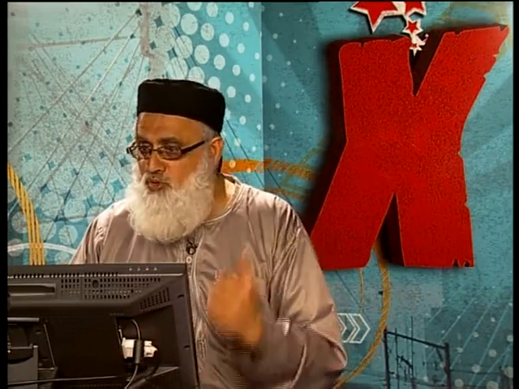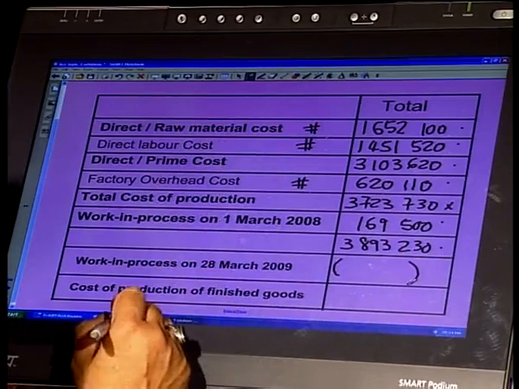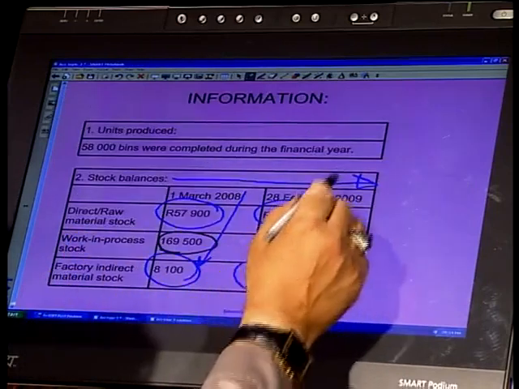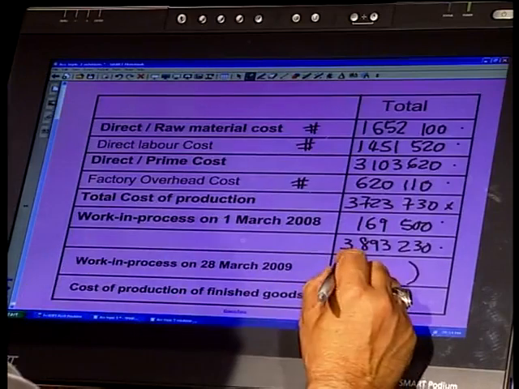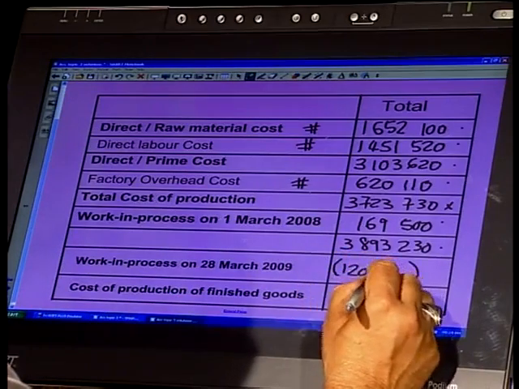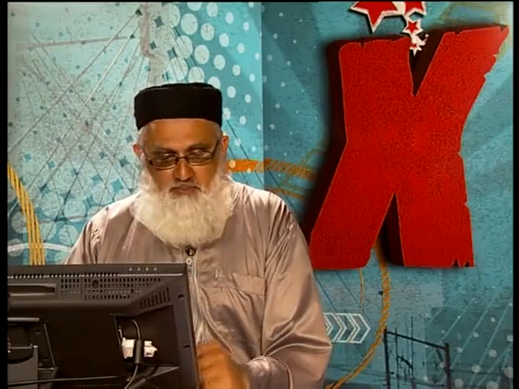What do I do with work in process at the end of the year, guys? Come on. You should be screaming out the answer, because we did it earlier when we dealt with the other question. What do we do with our work in process at the end of the year? Yes, we subtract it, always in brackets. What was it? Work in process at the end of the year, 120,600.